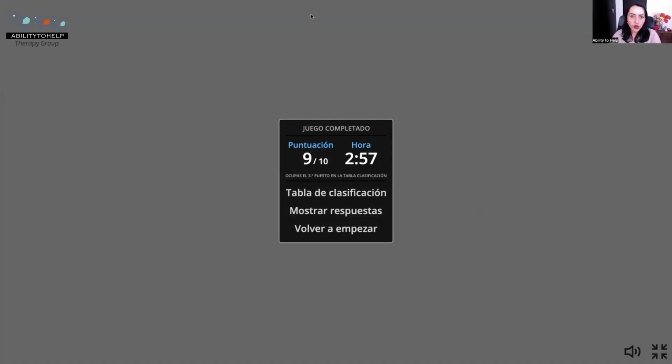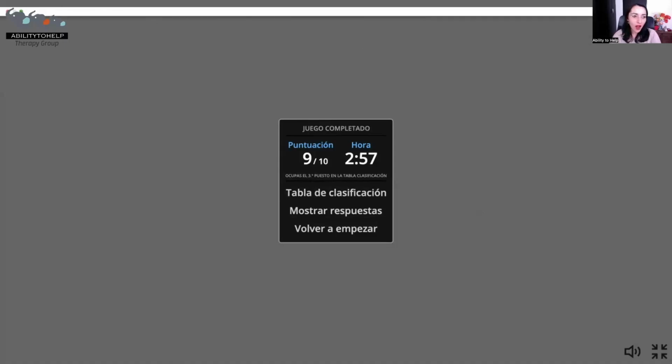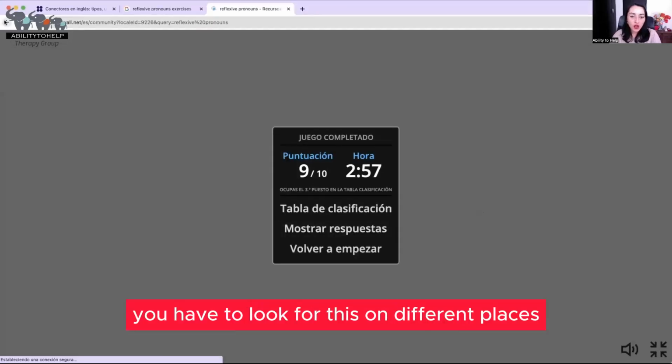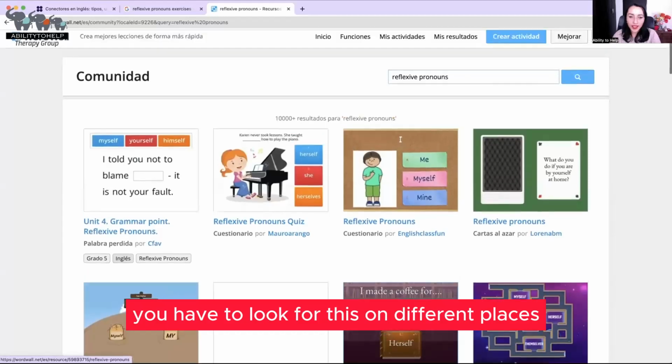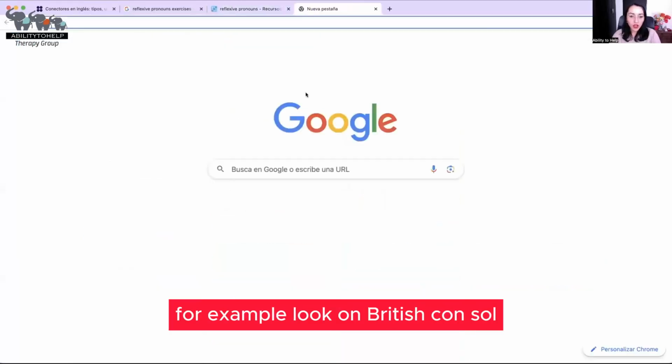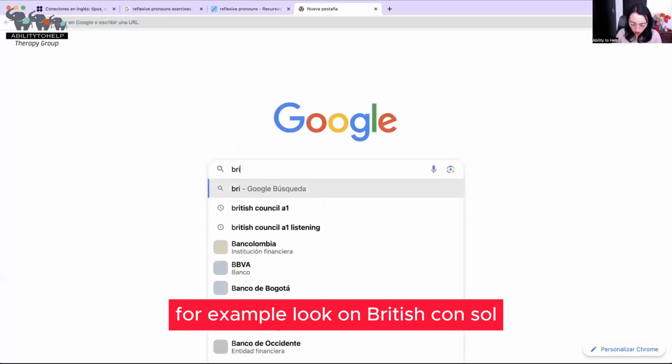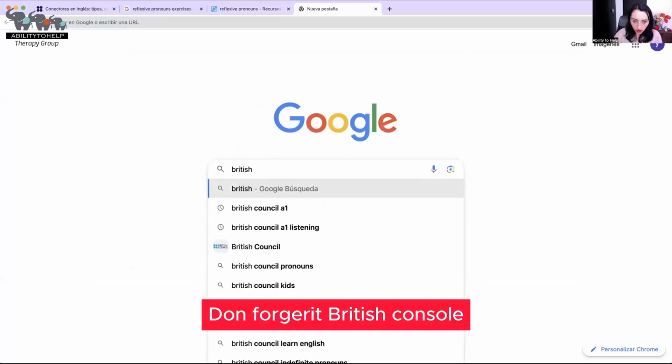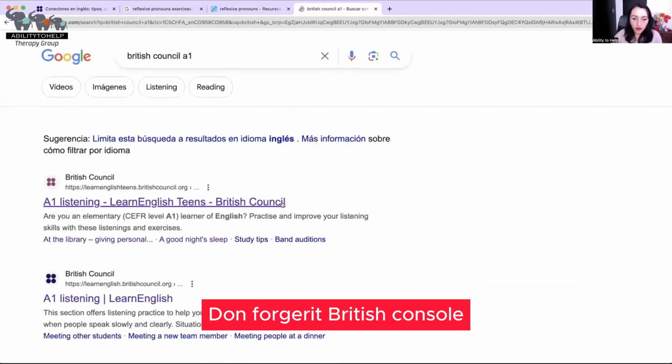Don't forget it. You could find more exercises about this topic. So that's why you have to look for this on different places. For example, look on British Council. Don't forget it, British Council.